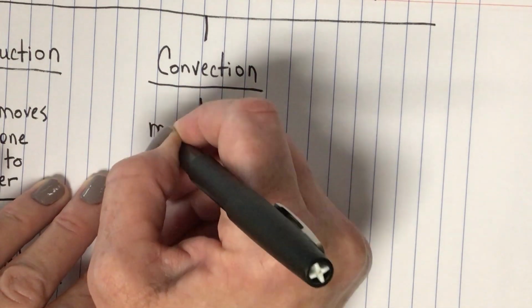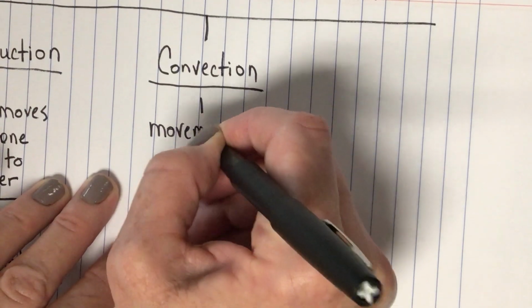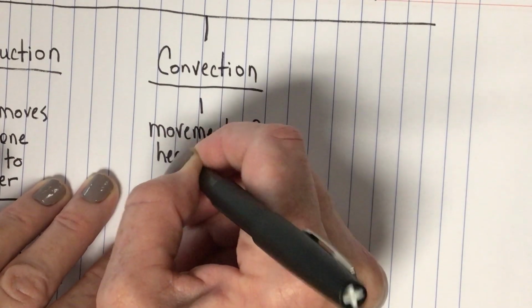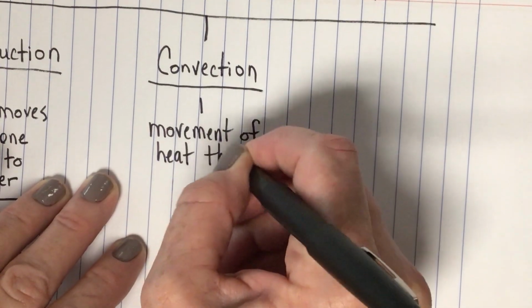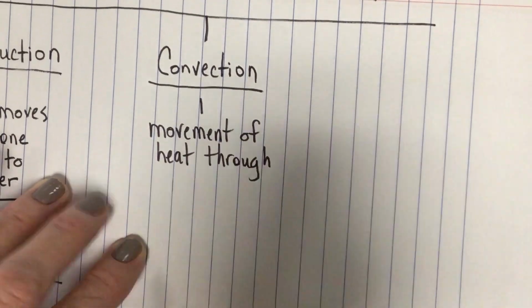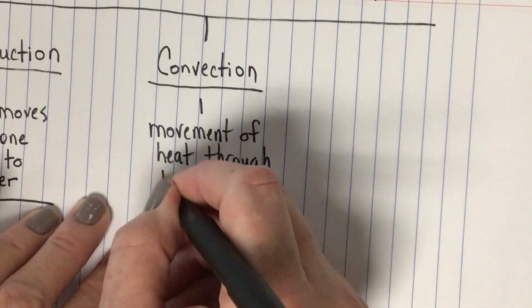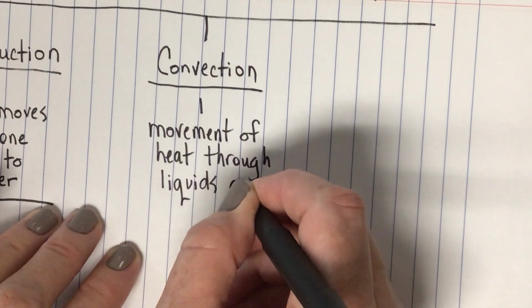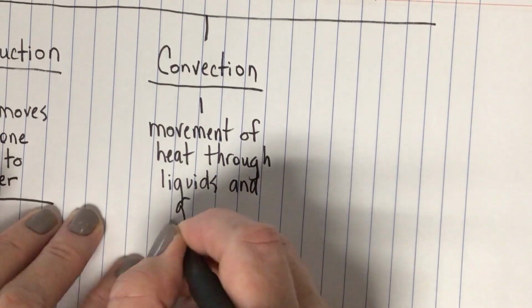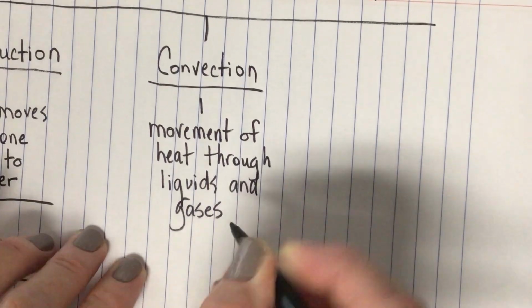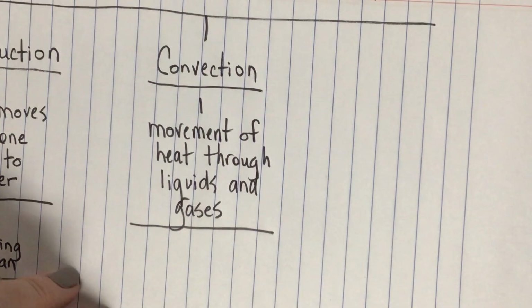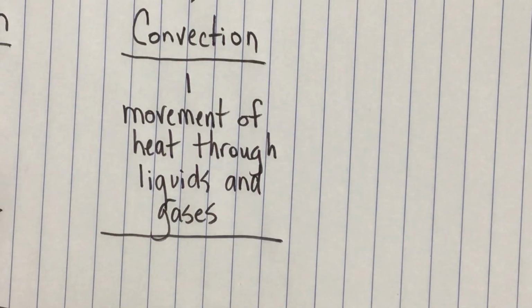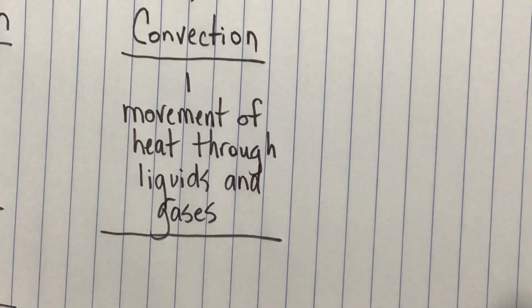So convection is the movement of heat through liquids and gases.